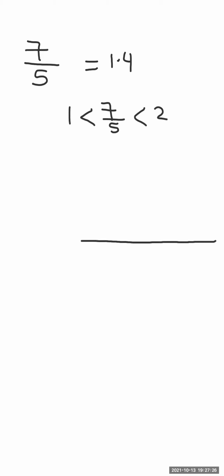So on the number line, if this one is 0, this one is -1, 1, 2, 3. So my number lies between 1 and 2. So the first step, I have to convert these two numbers into fractions with the same denominator as my fraction.